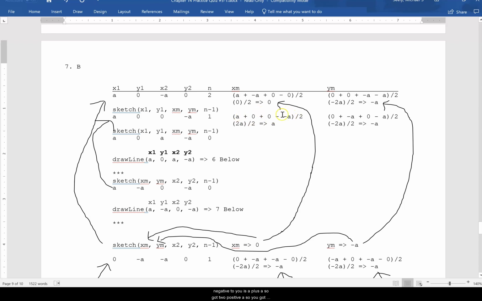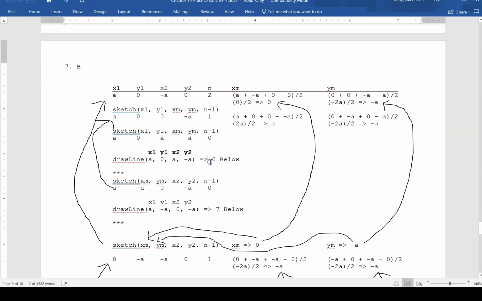So we've got 2 positive a's, so 2a divided by 2 gives us a for xm, and negative a for ym. You're going to have to go through these, and the whole time, n is being subtracted out. Finally n is 0, so that's our first sketch, because we're going to draw that out. This is where our draw line gets hit, and the values here are a, 0, a, and negative a.